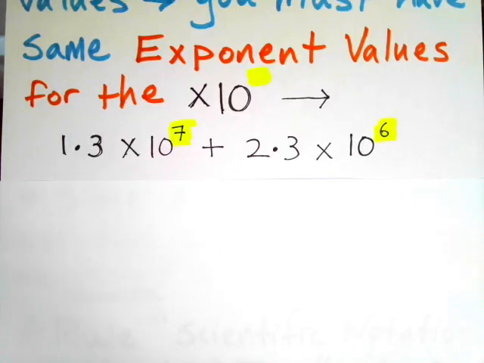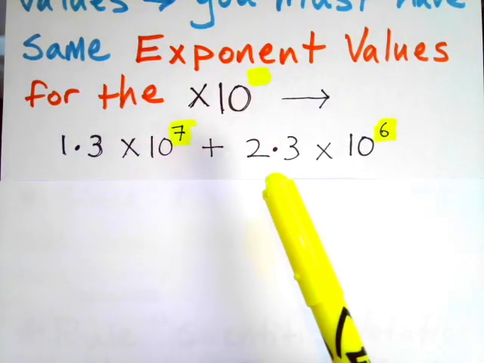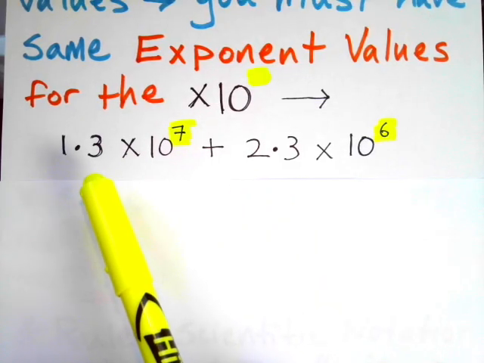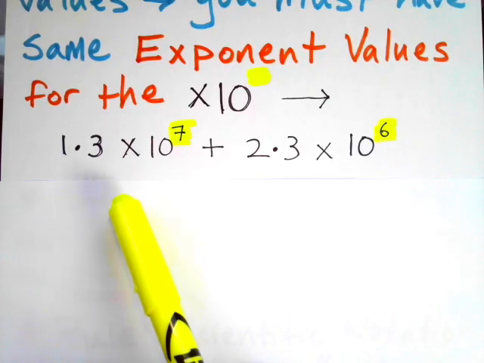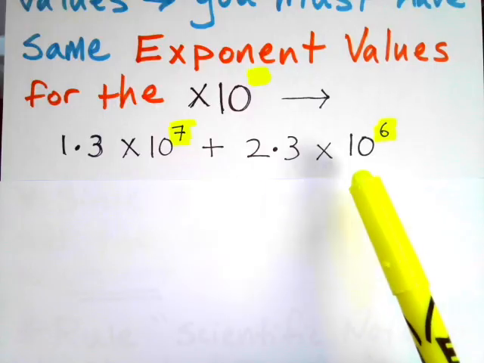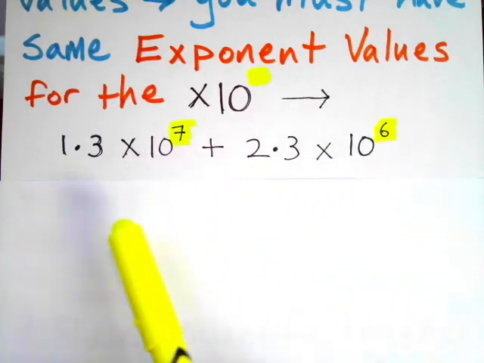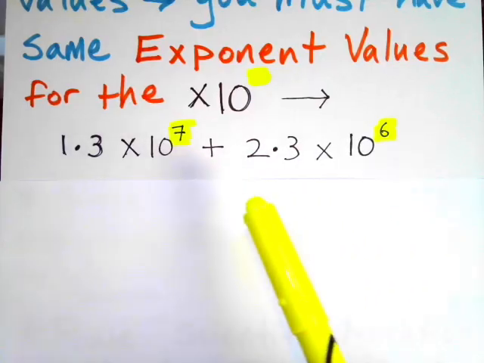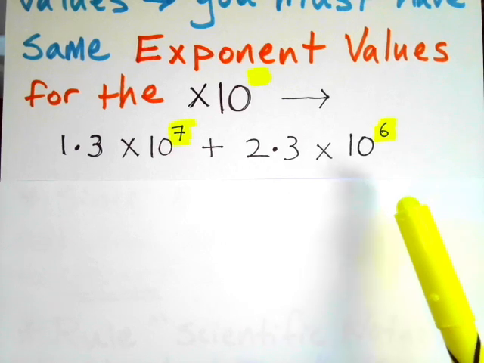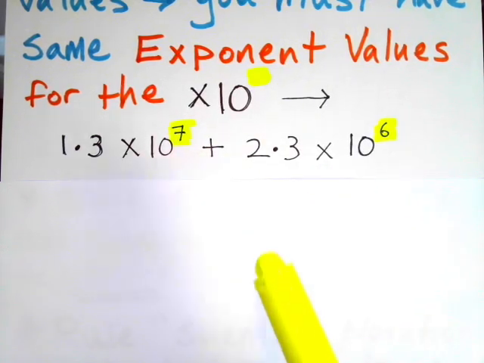I'm telling you that because we have to manipulate these values in order to get the same exponential powers. I created a very good series to explain how to convert scientific notation into standard form and how to convert standard form into scientific notation, and it goes over those rules. Watch my videos on scientific notation and on answering some scientific notation type of problems. It will help you dramatically, especially when it comes to adding and subtracting scientific notation.